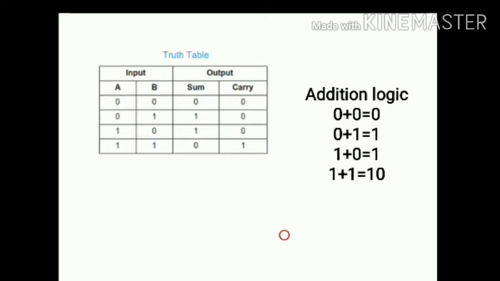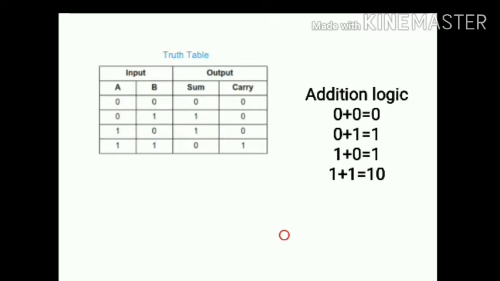If A is 0, B is 0, then 0 plus 0 is 0. So sum is 0. There is no carry, so put 0 for carry. The second row, A is 0, B is 1. So 0 plus 1 is equal to 1. So sum is 1, carry is 0.